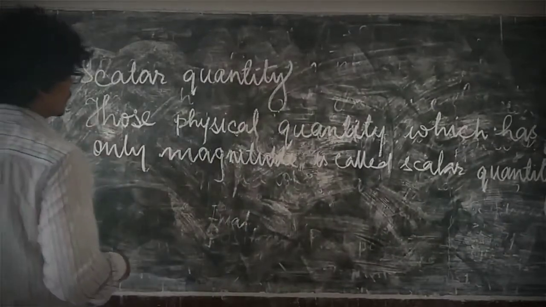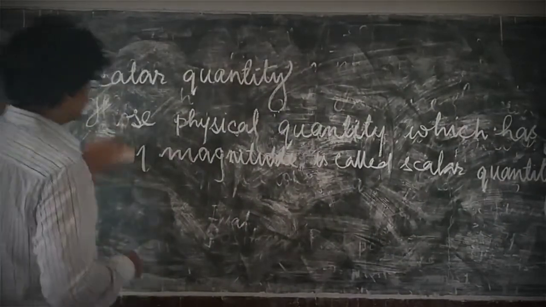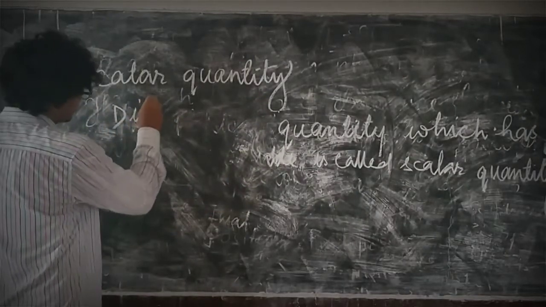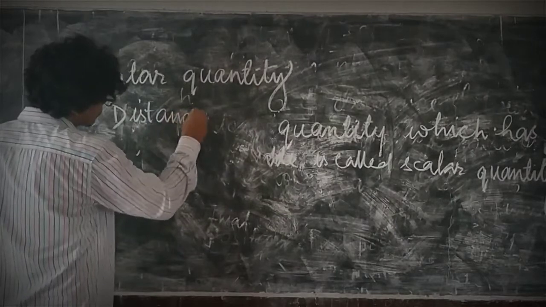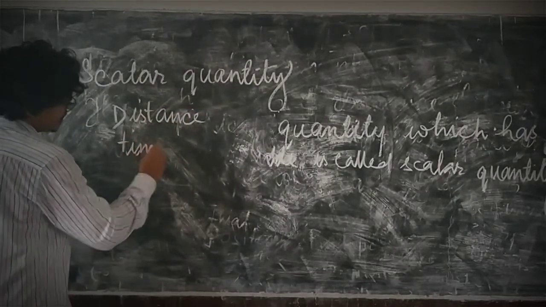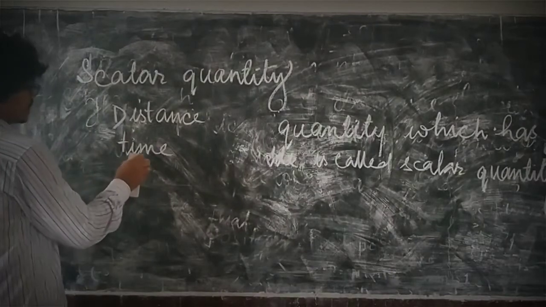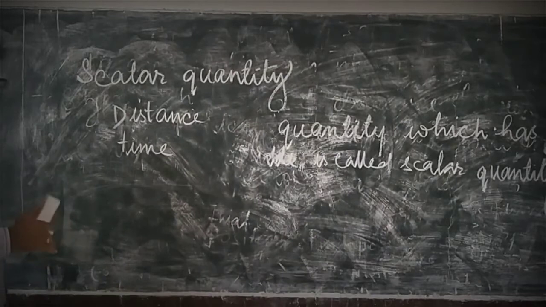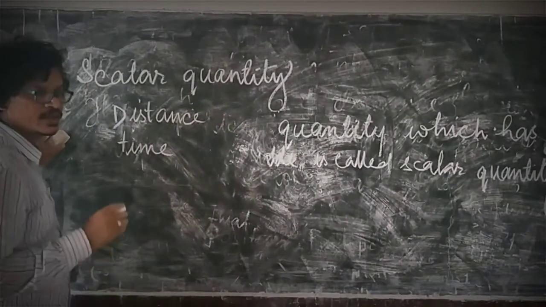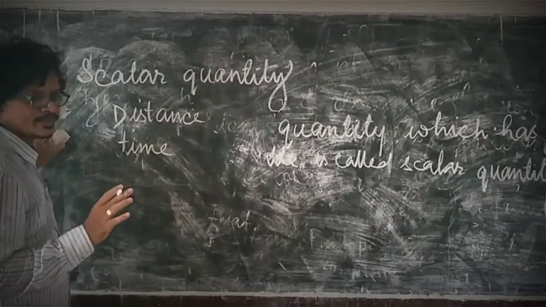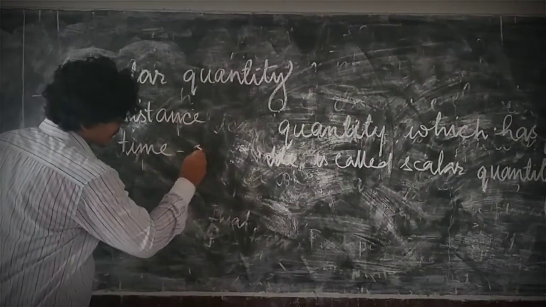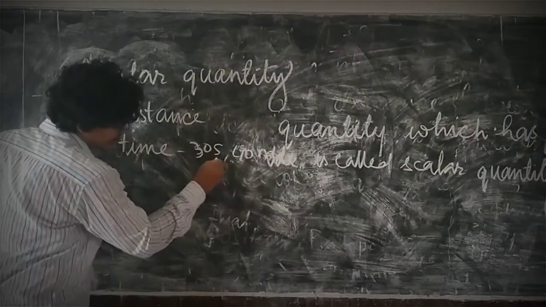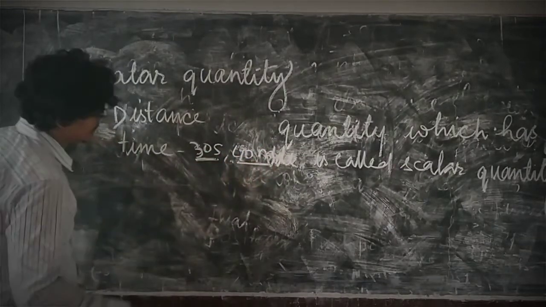Now let us see examples of scalar quantity: time, distance. Whenever time is 1 hour, 30 minutes, or 60 seconds, you will not mention direction, you will only mention the magnitude. 30 seconds or 40 minutes, this is the magnitude.